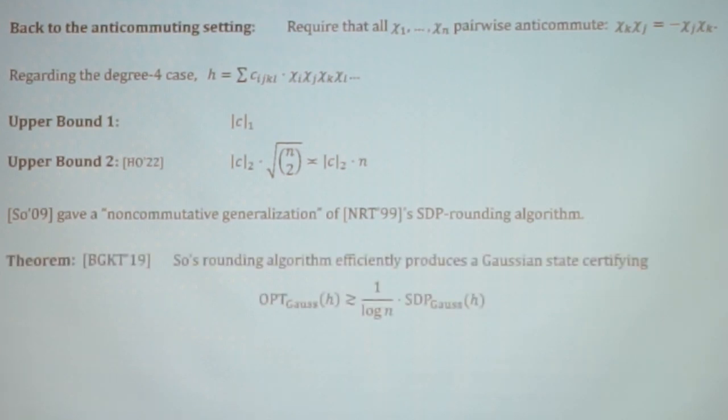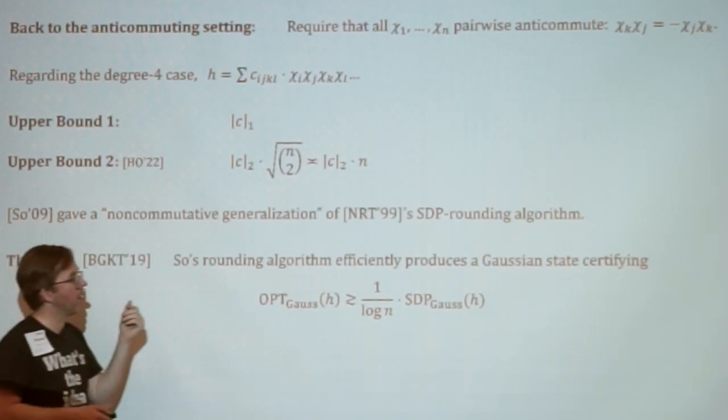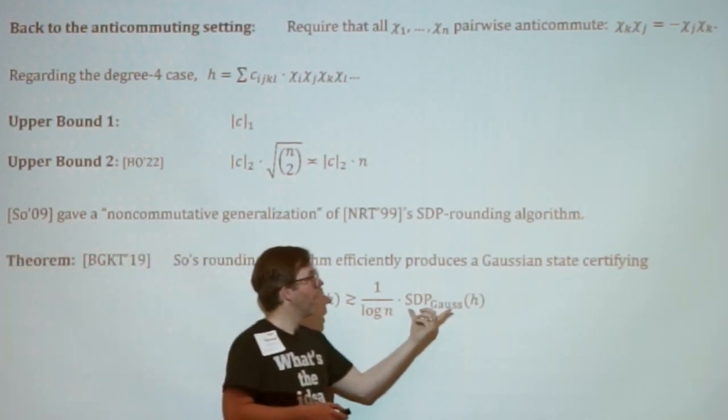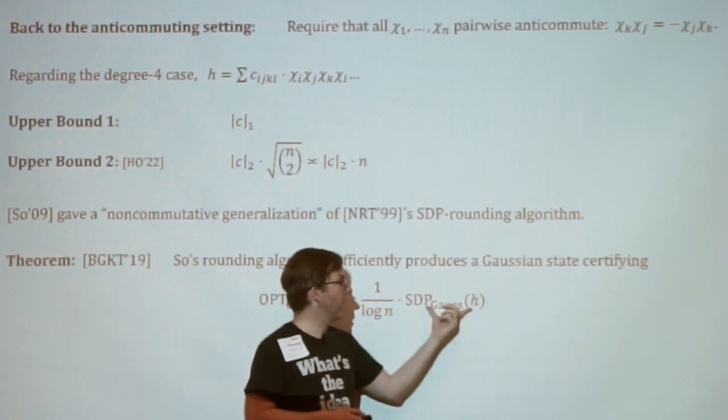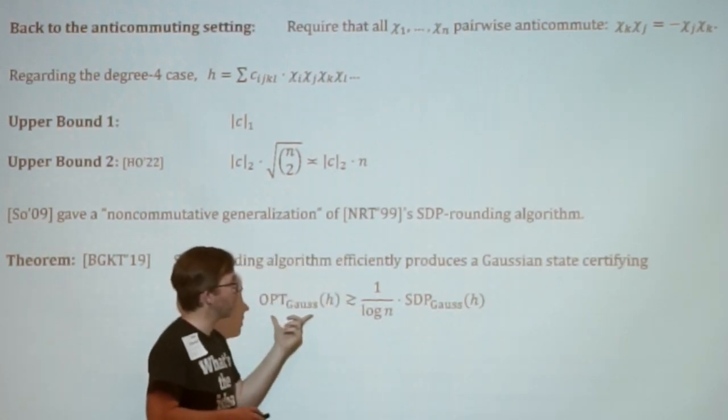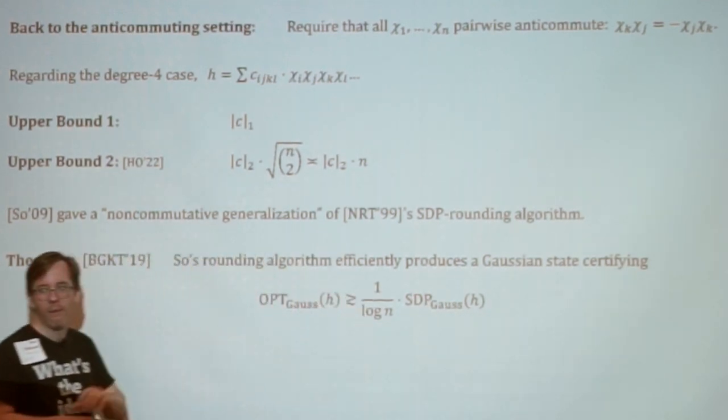And this paper of Brandão, Harrow and others showed that his rounding algorithm is really good for the Gaussian state setting. Whatever the SDP relaxation for the Gaussian optimization problem is, this rounding gives you something that is at least 1 over log n good.